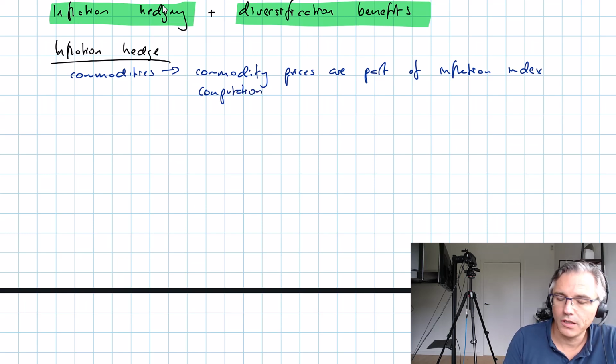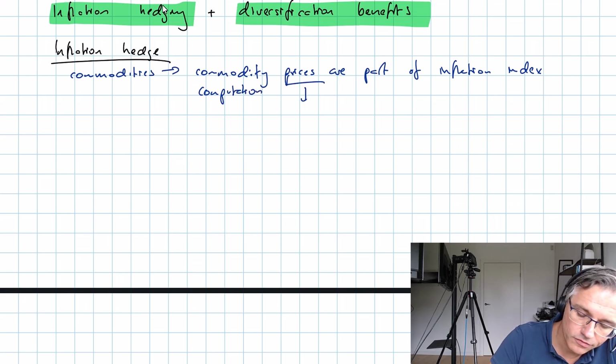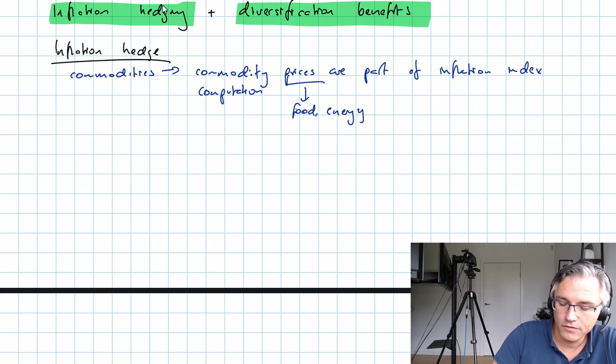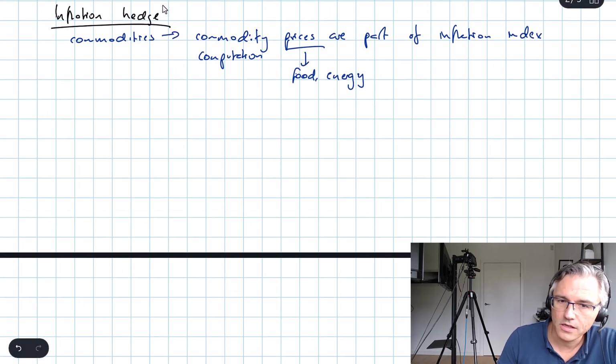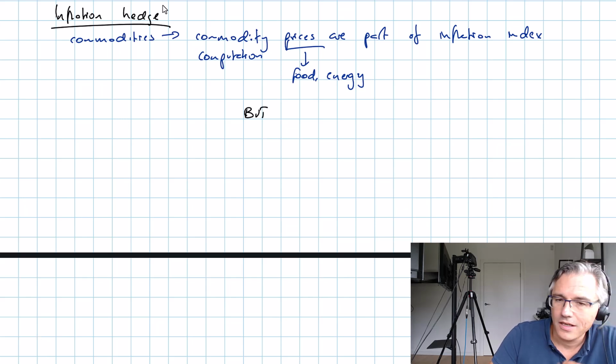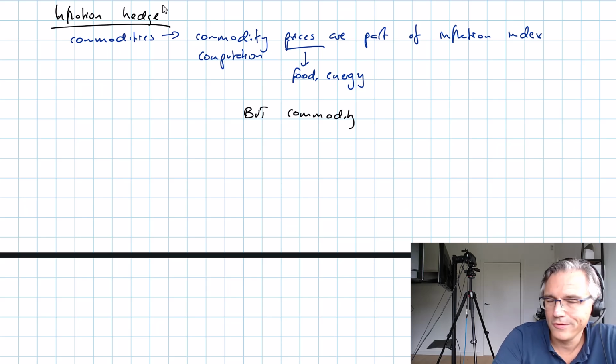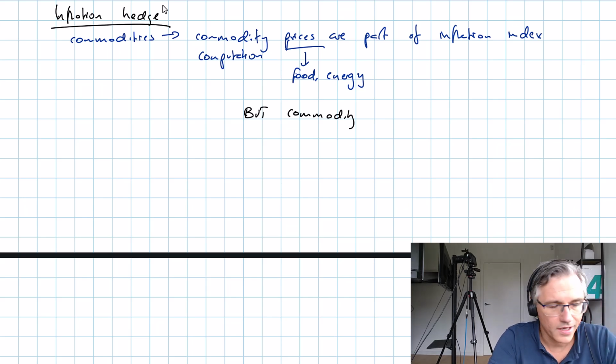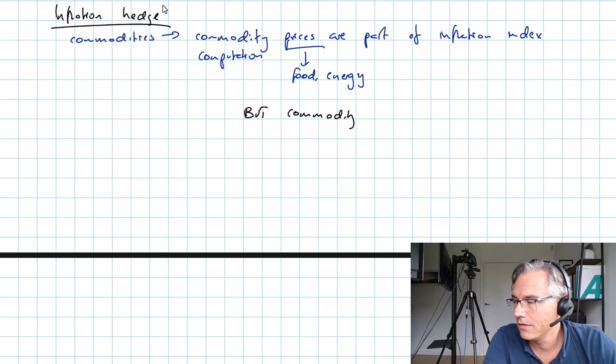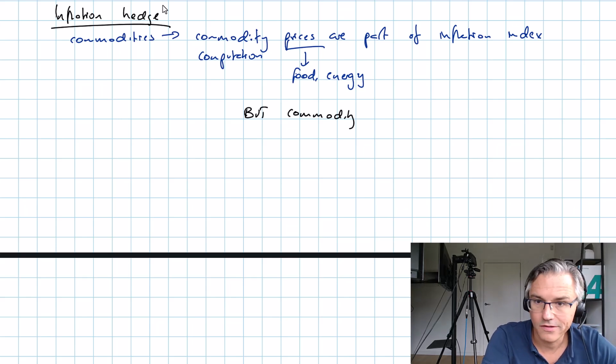So, the prices of food and the prices of energy are some of the most important components of any sort of CPI index. But at the same time, commodity prices are not the only components of those indices. There are other things like house prices, rents, the prices of services, and lots of other stuff.